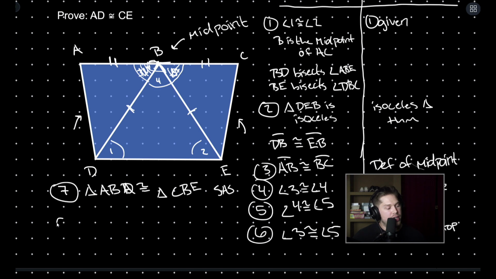And then lastly, part 8, we know that side length AD is congruent to side length CE because congruent parts of congruent triangles are congruent.